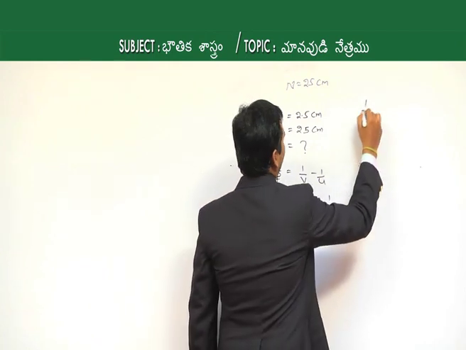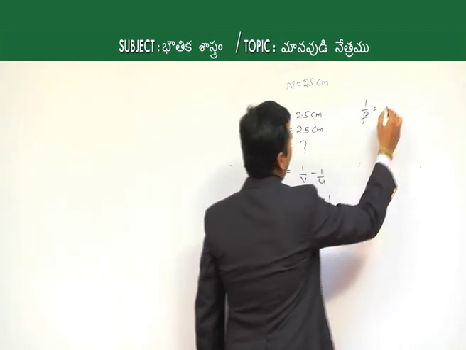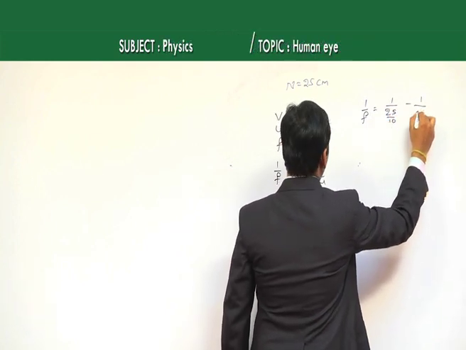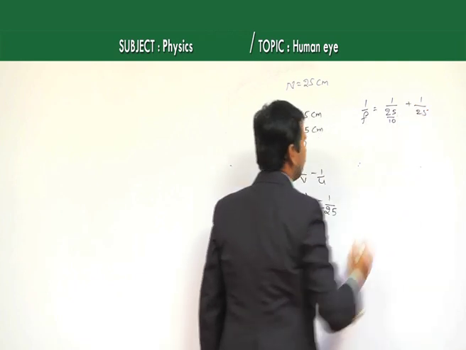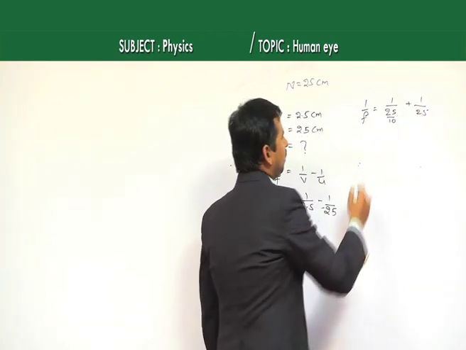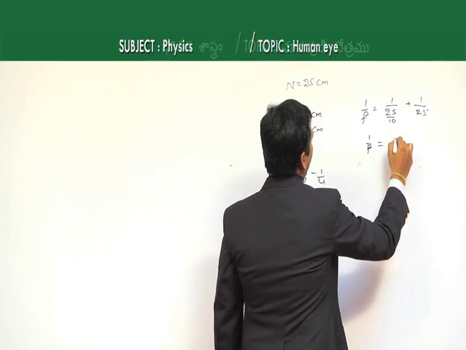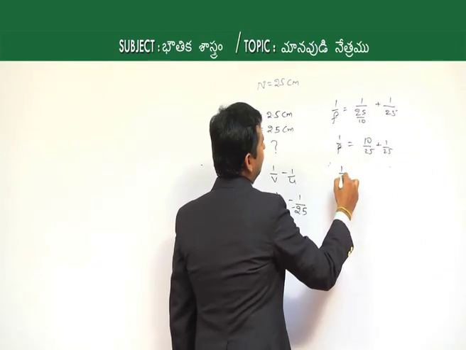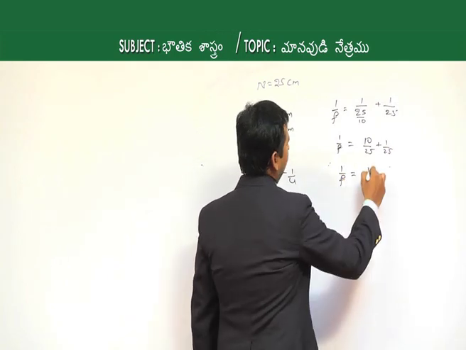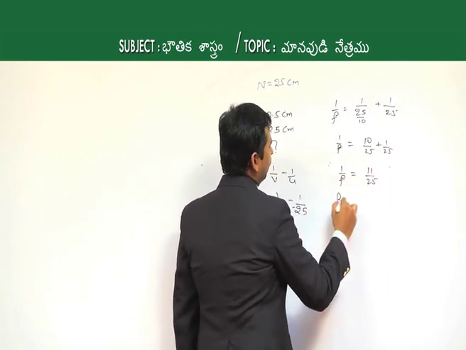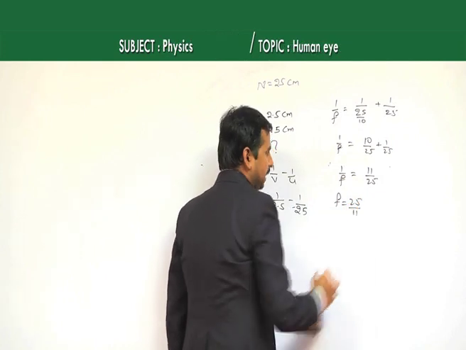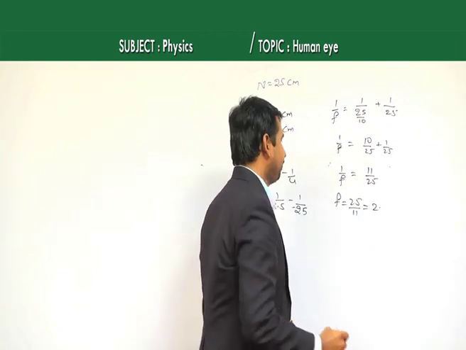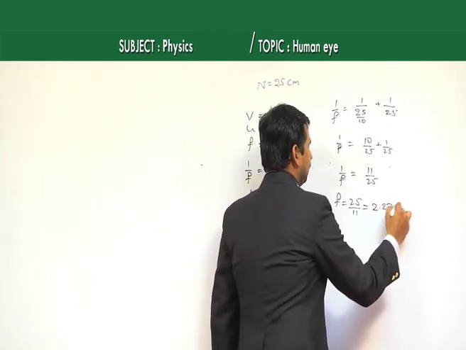Then it becomes 1 by f is equal to 1 by 2.5, which is 10 by 25, minus of minus 1 by 25, and minus of minus becomes plus. Then 1 by f is equal to 10 by 25 plus 1 by 25, which is 1 by f is equal to 11 by 25, or you can also write that as f is equal to 25 by 11, which is equal to 2.27 centimeters.